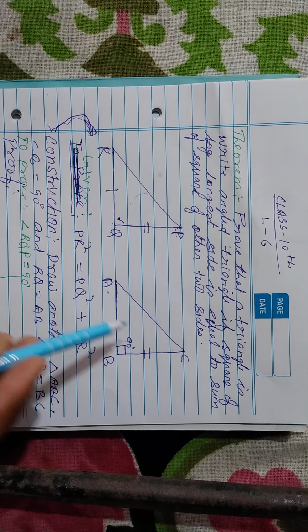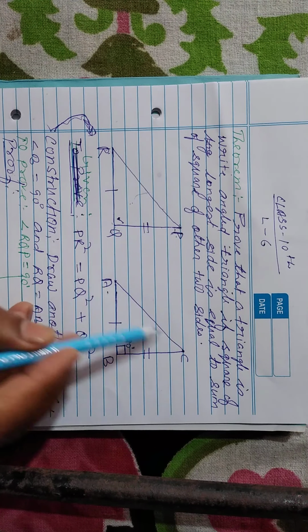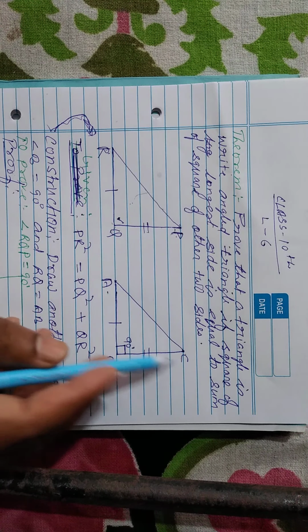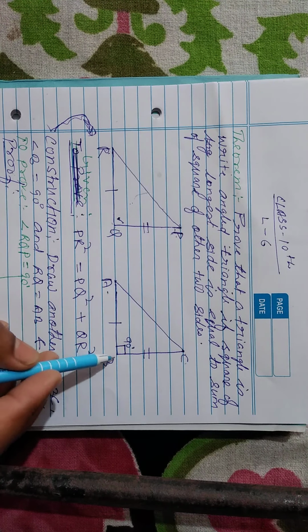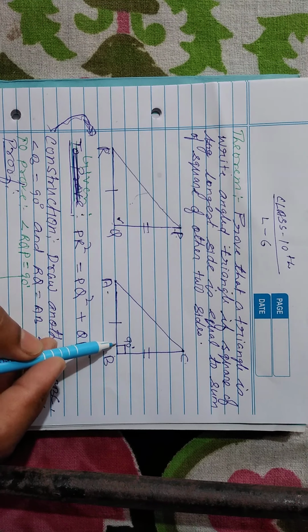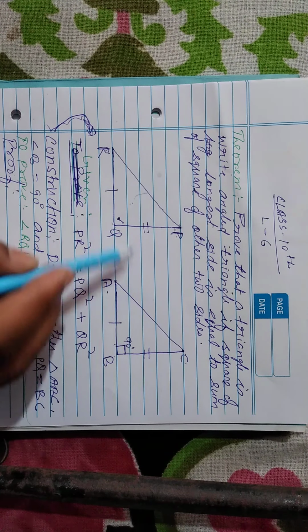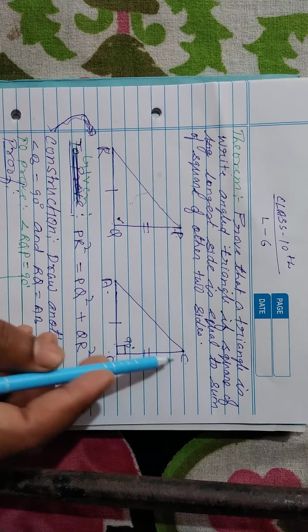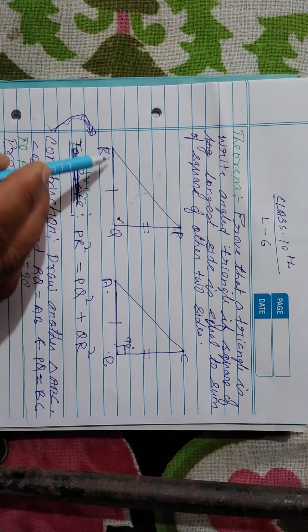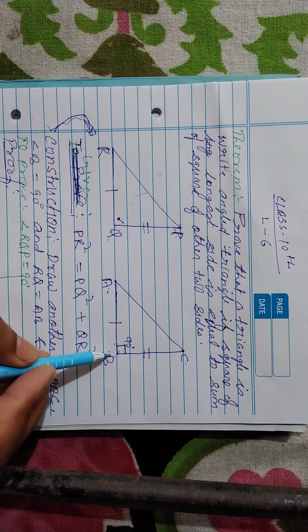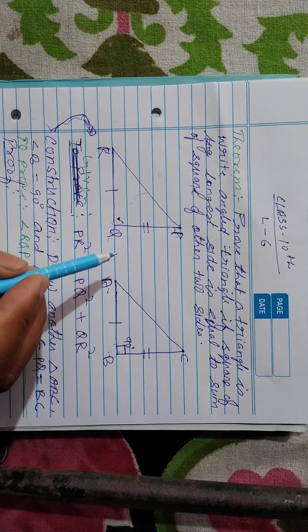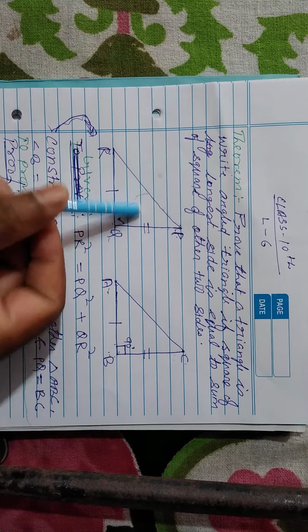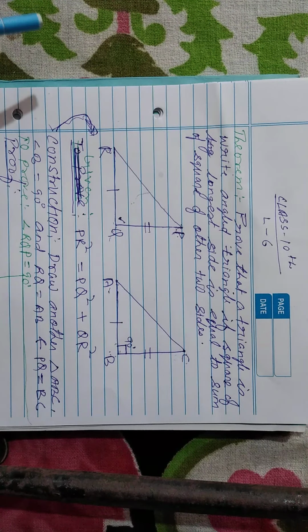By construction, we draw a right angle triangle ABC, with angle B equal to 90 degrees, and we construct PQ equal to BC and RQ equal to AB. If we prove PR equal to AC, then both triangles are congruent to each other.